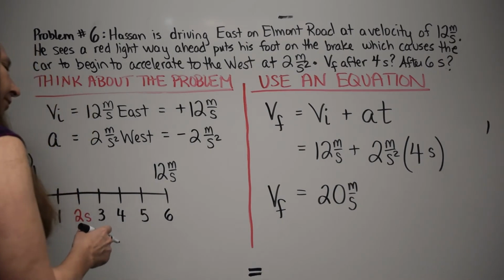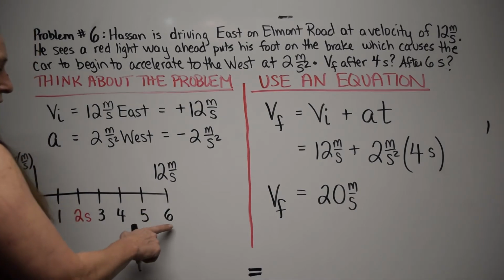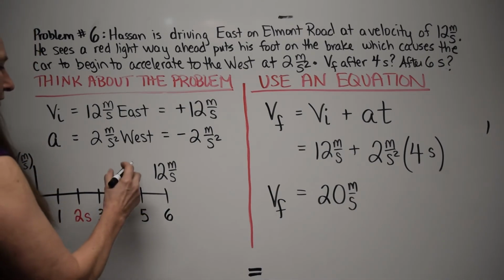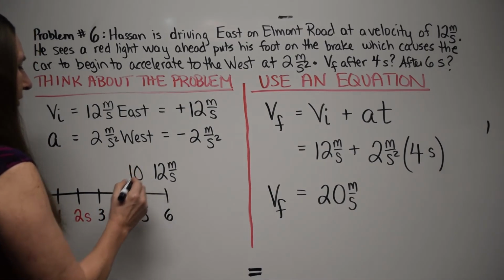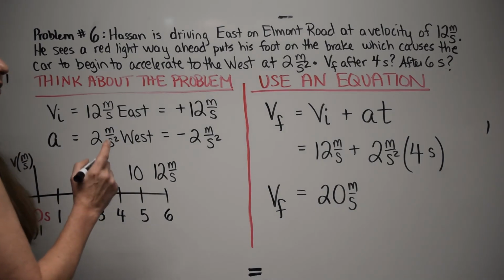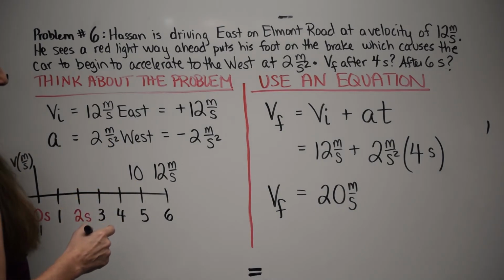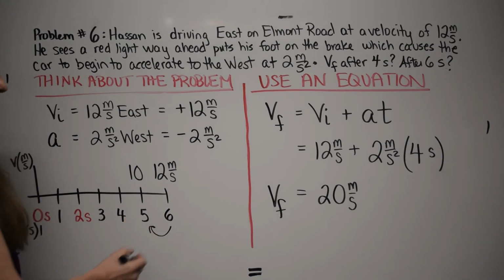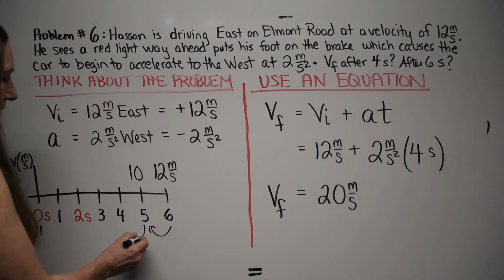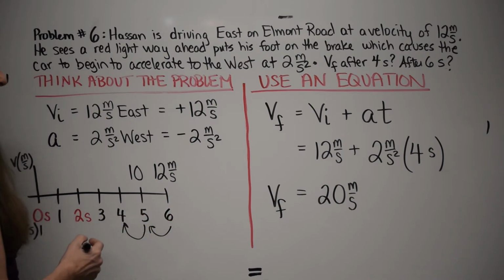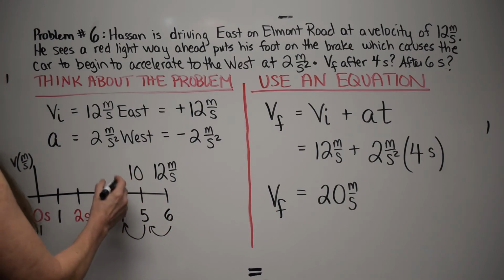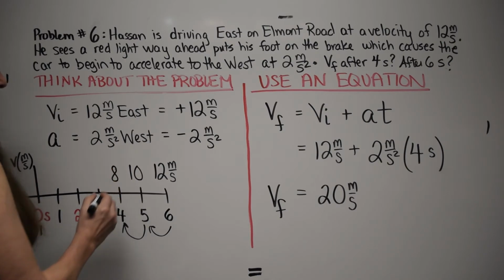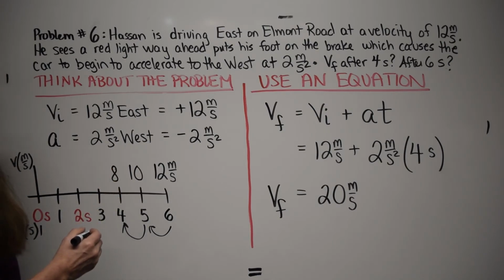So after 1 second, the car is now 2 meters per second slower. The car's speed is 10 meters per second. So that would be one second later, from 6 to 5. 2 seconds later, our speed is now 8 meters per second.